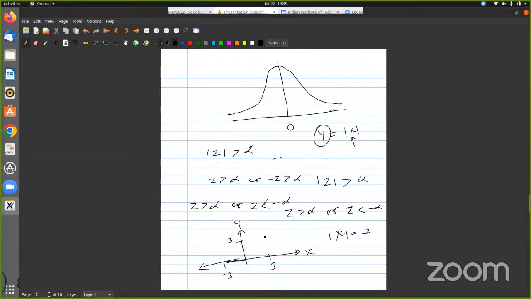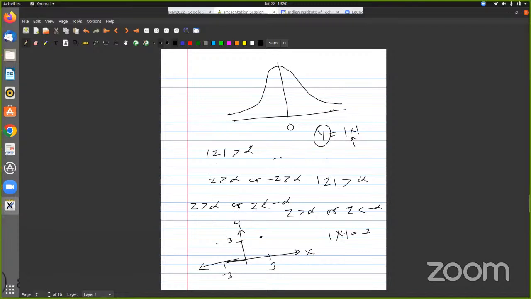When my x is equal to 3, then my y value will also be equal to positive 3. And when my x is equal to minus 3, y is also plus 3. So what does that mean? I don't think I'm able to convey the same thing here.